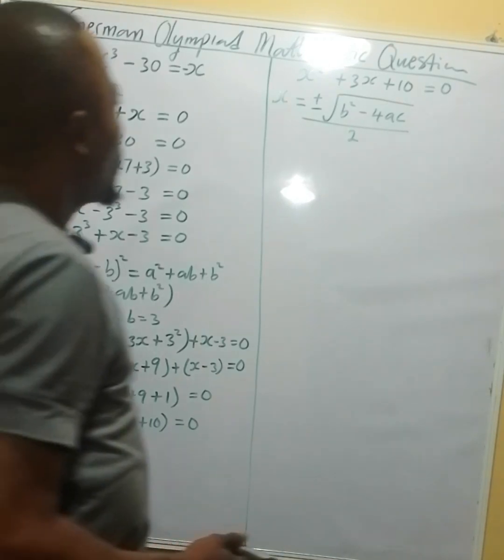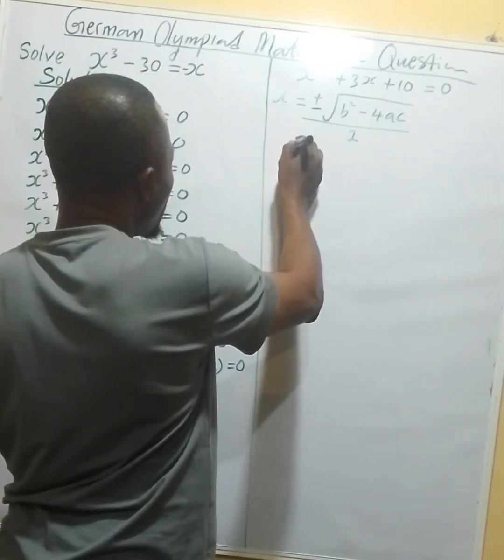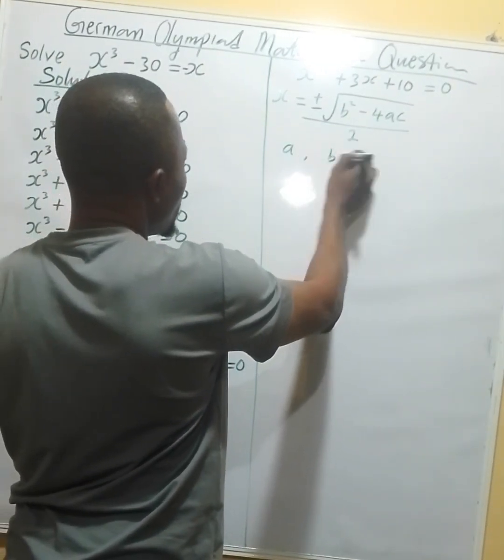So that's the formula. We will now look for our variables. So we have a, b, and c.